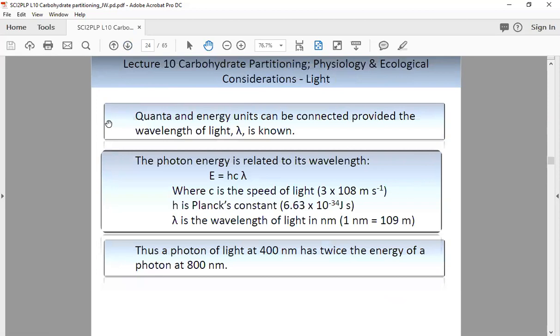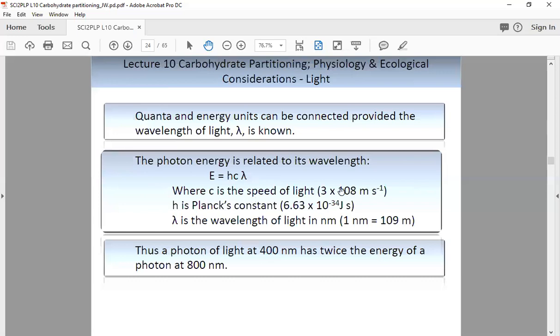Okay, so both of these units that we just looked at can be interconverted, providing that the wavelength of light, lambda, is known. The energy of a photon, E, is related to its wavelength, where c is the speed of light, that is 3 by 10 to the power of 8 metres per second.